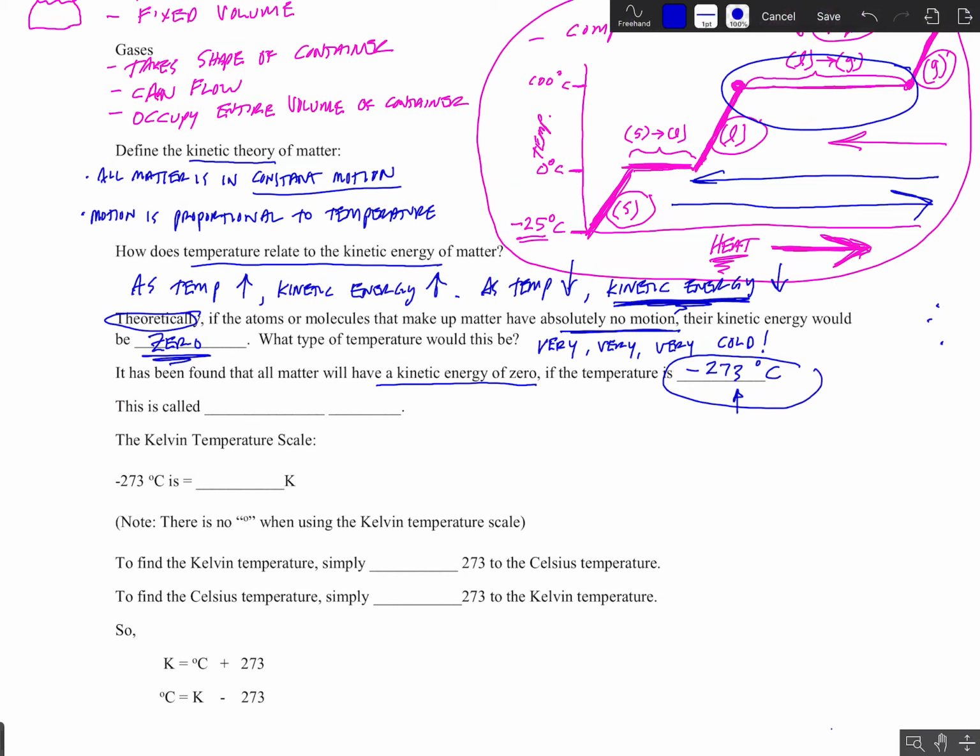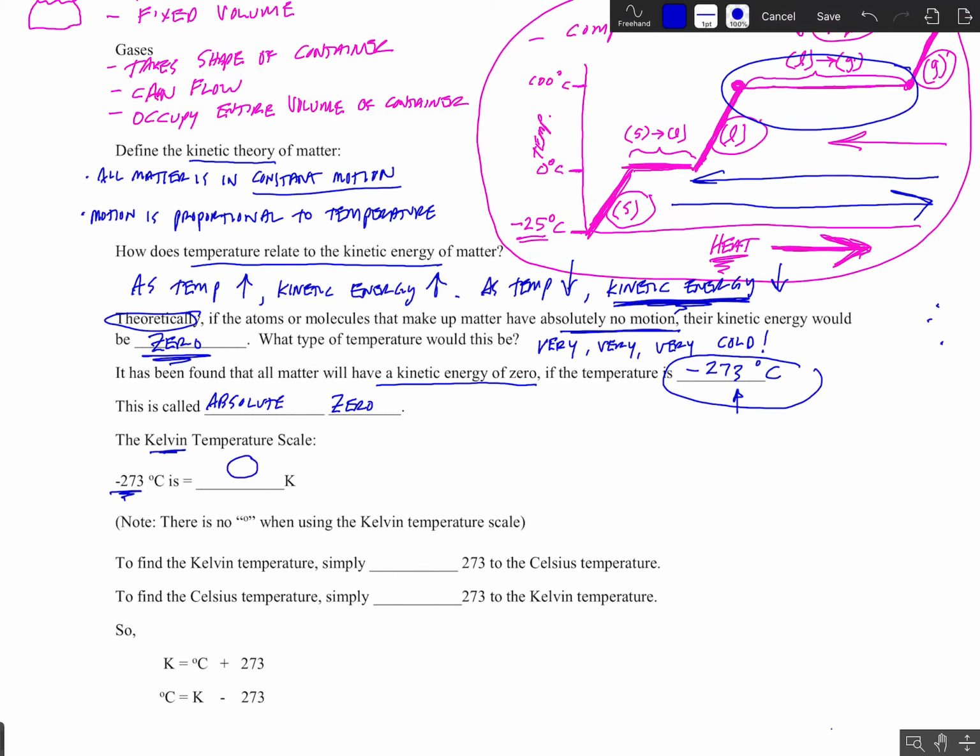So they've given that temperature a name. Since there's no molecular motion at that temperature, we call it absolute zero. And that gave rise to something called the Kelvin temperature scale. Well, if molecular motion is stopped at that temperature, and that's the coldest possible temperature that we can have, why not call negative 273 zero on this new temperature scale?